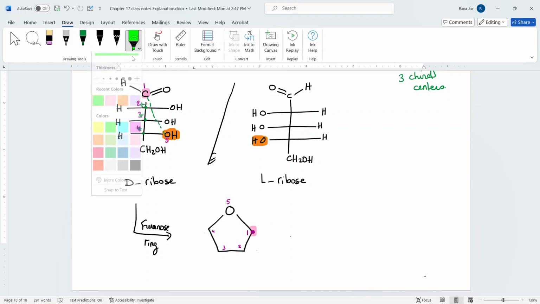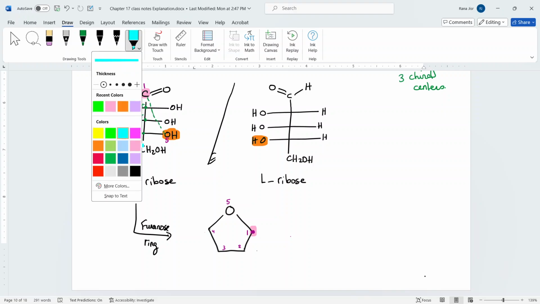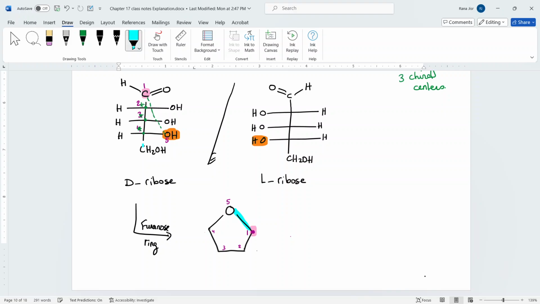It is the bond between carbon number 1 and oxygen number 5 in there, okay? And then go ahead and follow the rule that all the groups that are on this side, those need to be up, and all the groups on this side, they have to be down in there, okay?